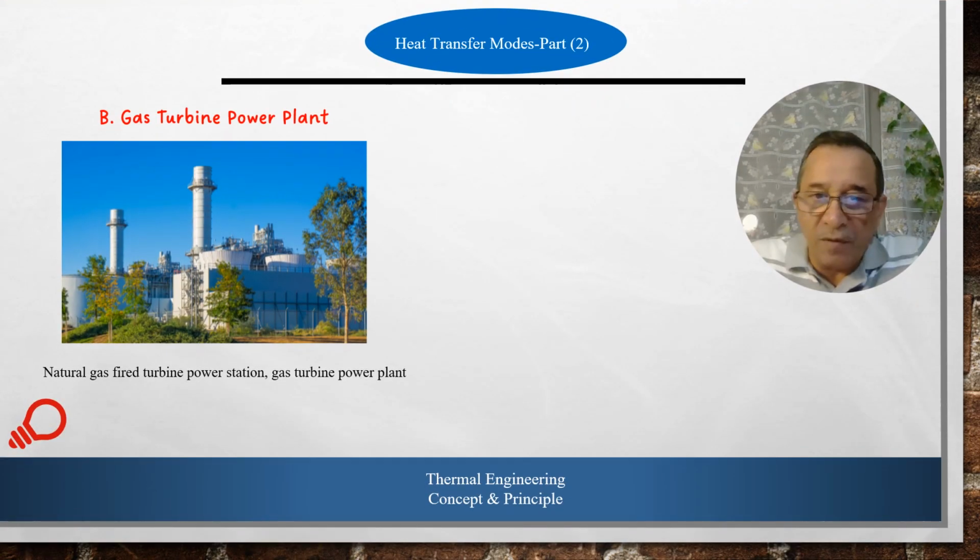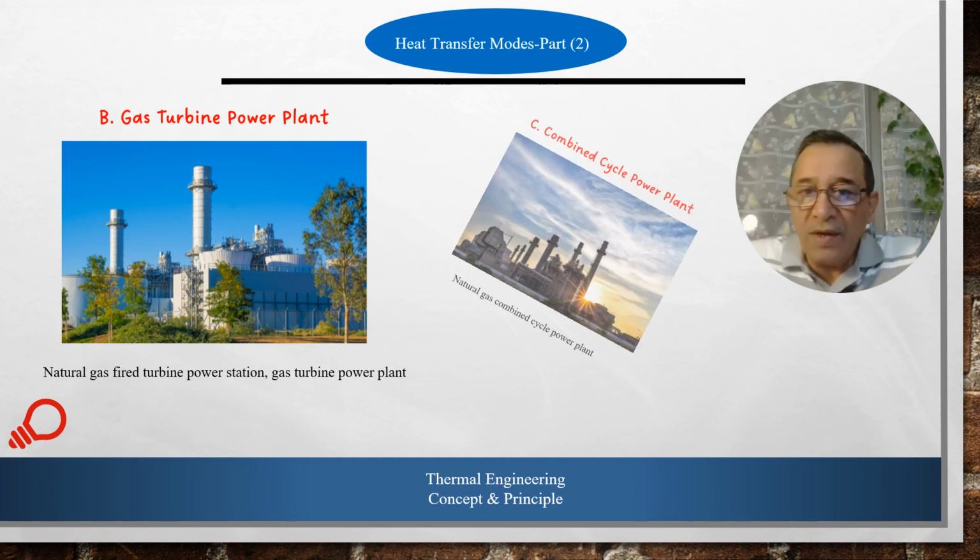The other type of the power plant is the gas turbine power plant, which uses natural gas, fire, burned out to get pressurized gas, passes through the turbine to get energy, and then transmitted to electricity.